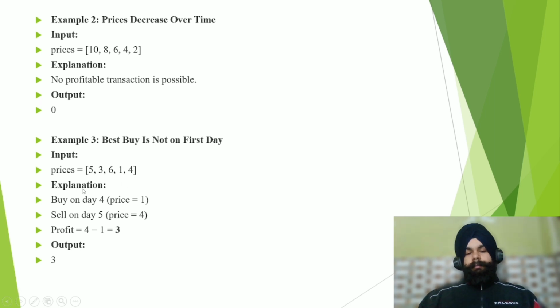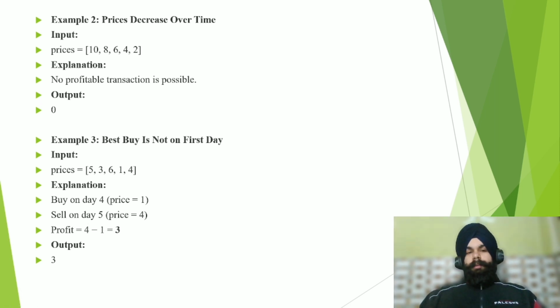Here is the explanation. Let's suppose we buy on day 4, so our price will be 1, and we sell on day 5, our price will be 4. So our net profit or maximum profit will be 4 minus 1, which is equal to 3.